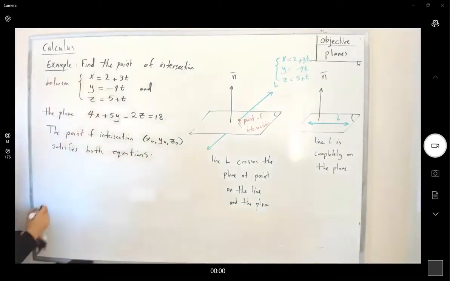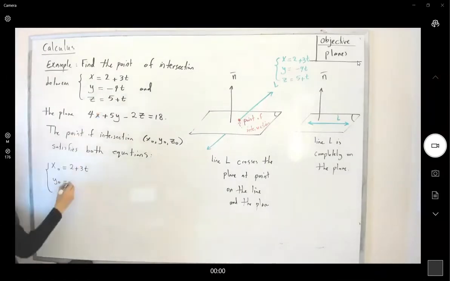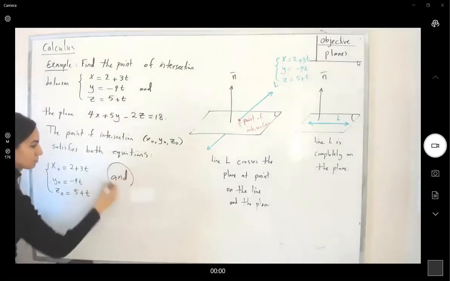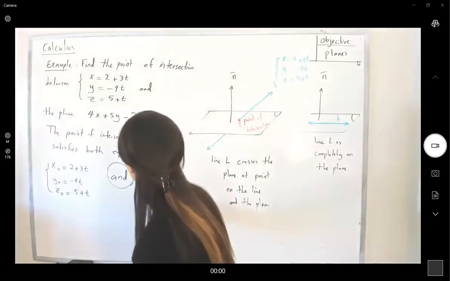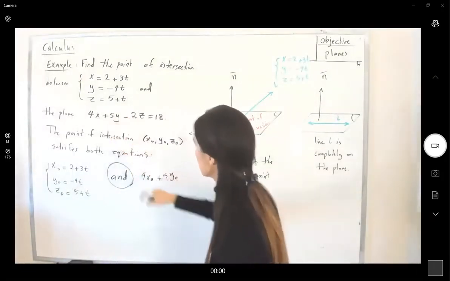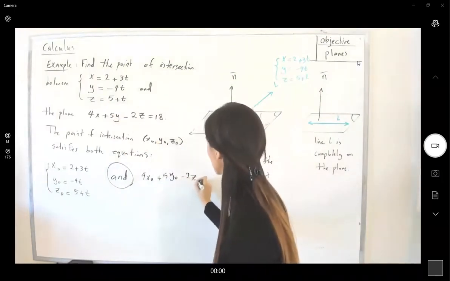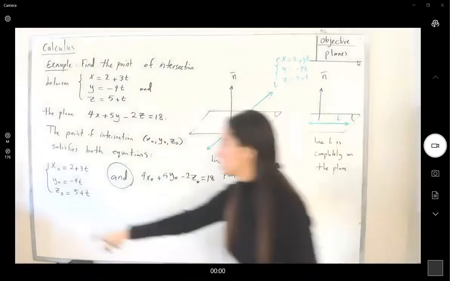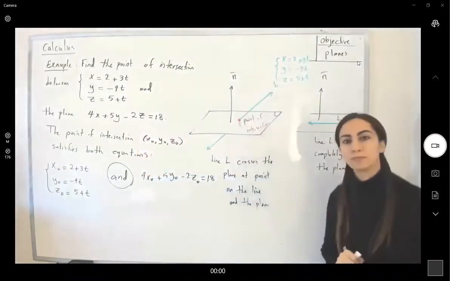You have a parametric equation. x sub 0 is equal to 2 plus 3t. y sub 0 is minus 40. And z sub 0 is 5 plus t. And 4x sub 0 plus 5y sub 0 minus 2z sub 0 must be 18. Two equations, the parametric set and the plane.